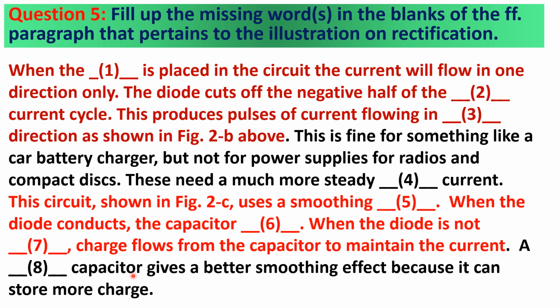A blank capacitor gives a better smoothing effect because it can store more charge. So in completing this whole paragraph, there is a need for you to go back and look at the illustration or the diagram.